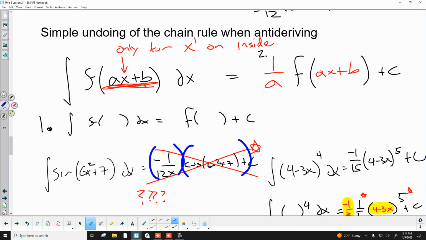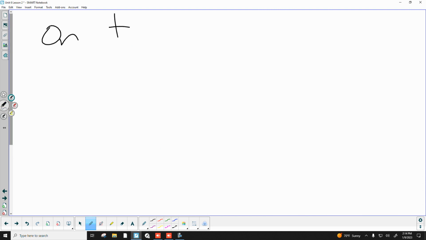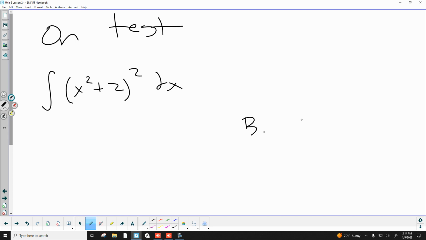On your test, and I'm going to give you this really quickly, you will have this question. I don't think it's the exact question, but you'll get my drift. One of your answer choices will be 1 over 2x, x squared plus 2 cubed, or it'll be 1 over 6x, x squared plus 2 cubed, plus c.